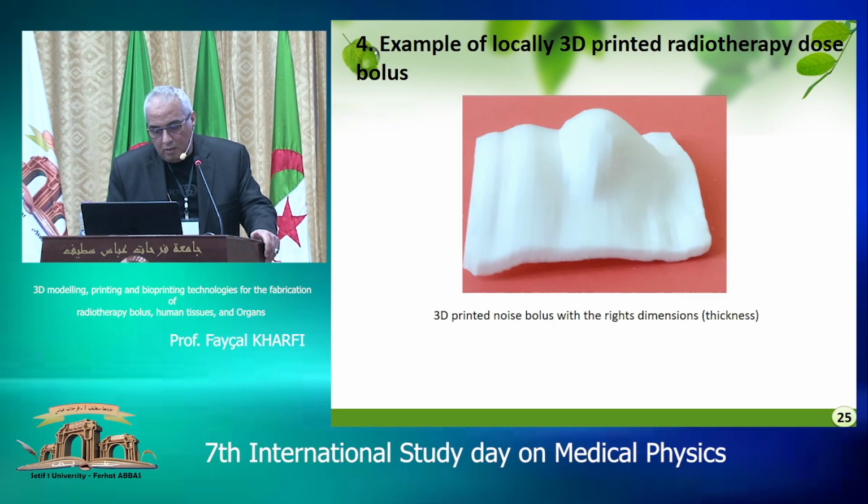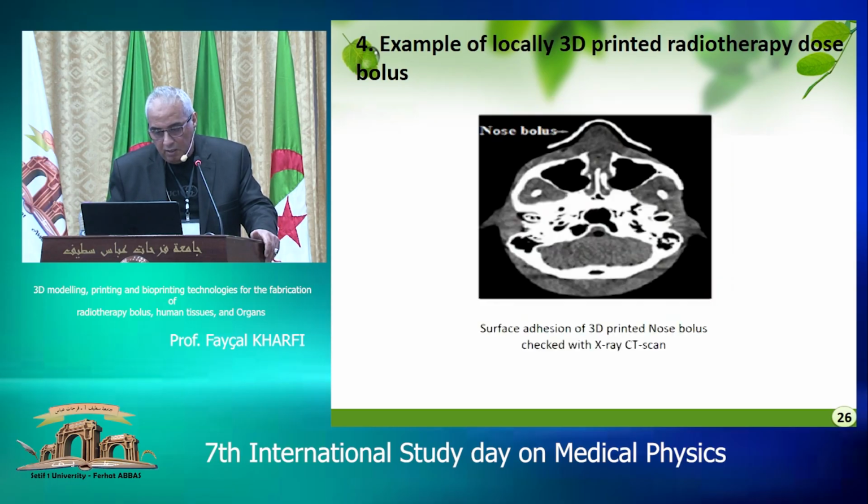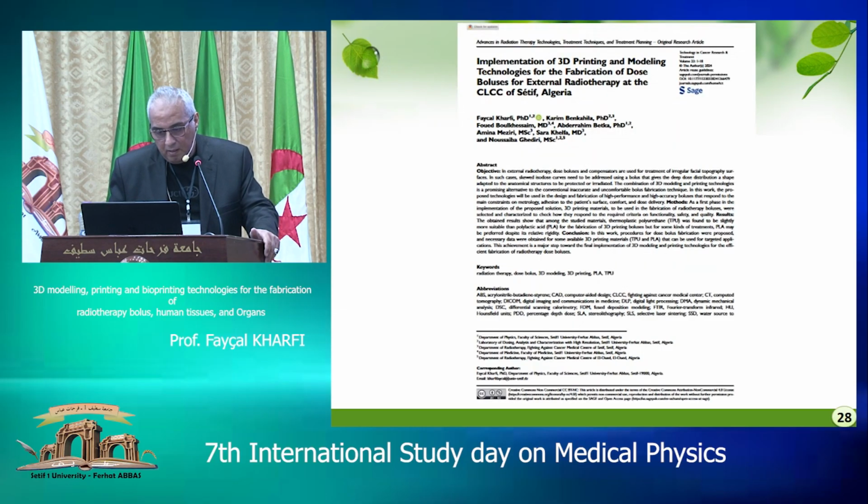We print the bolus. This is the printed bolus using PLA as a material. We check the positioning of the bolus on the anthropomorphic phantom, using CT scan. We check the good positioning of the bolus on the phantom.